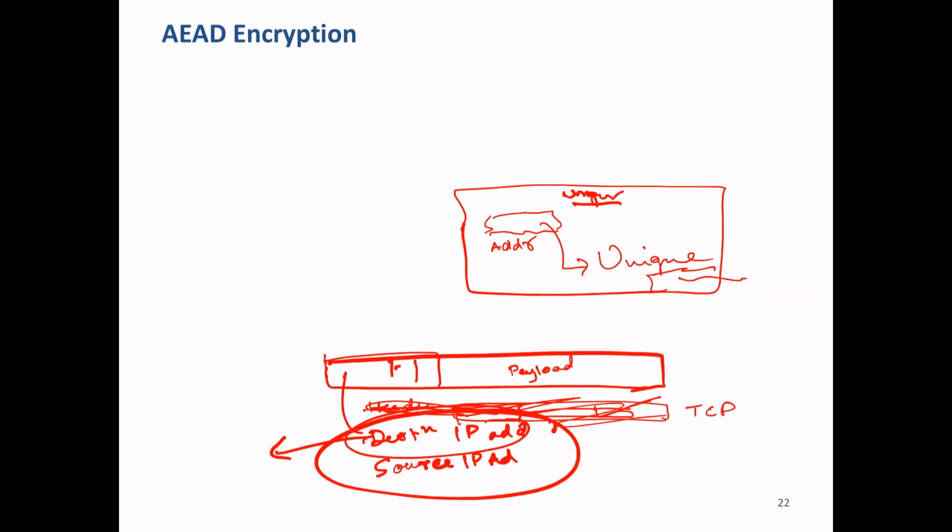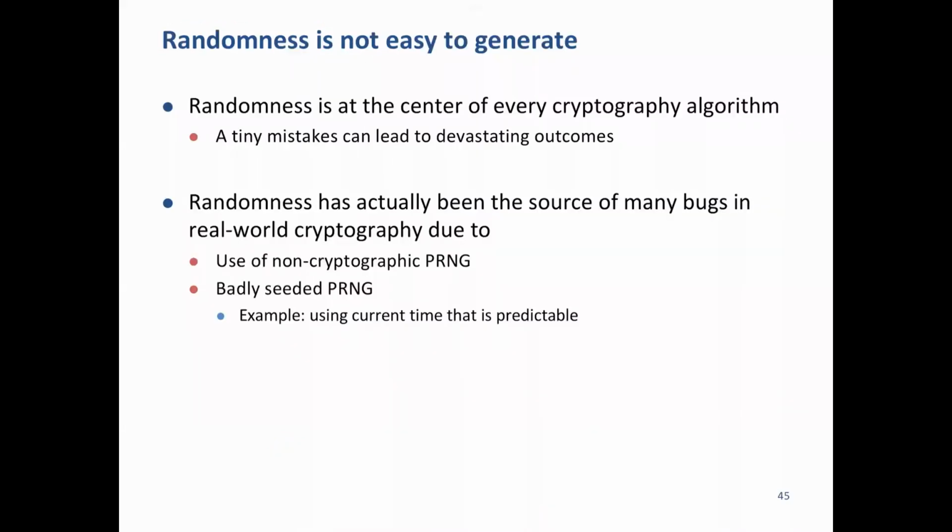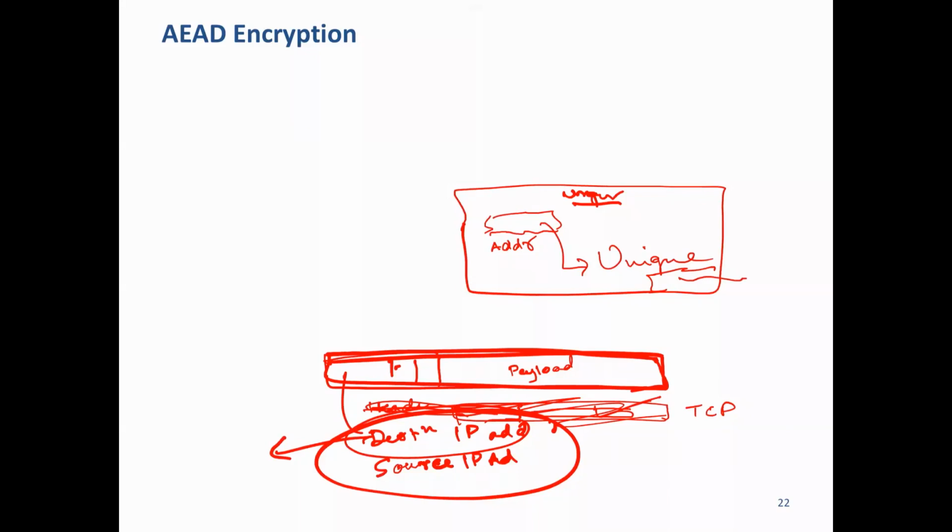So now, if this is the packet that is being sent on internet, what all can be encrypted? Can you encrypt the whole packet, including your name, or including destination IP address? No, it cannot be, because in between there are routers.